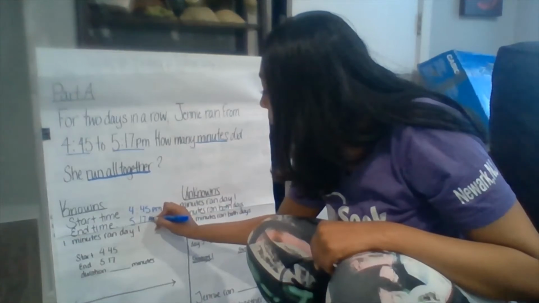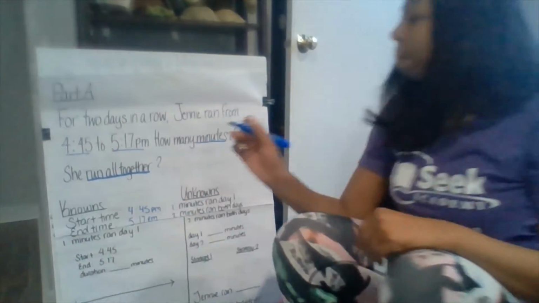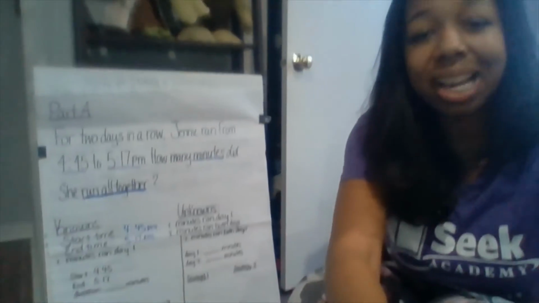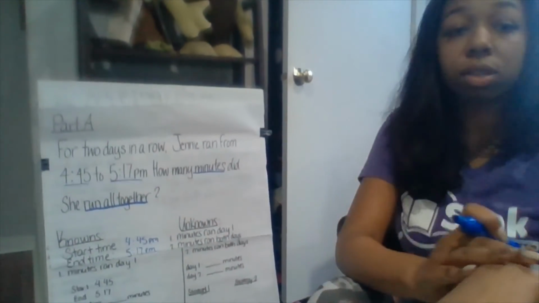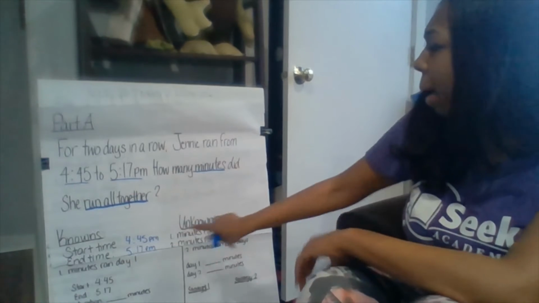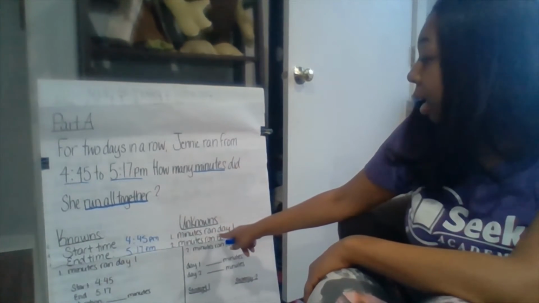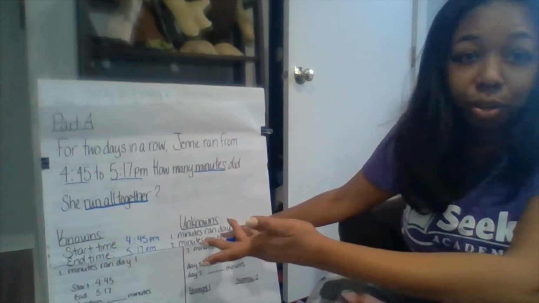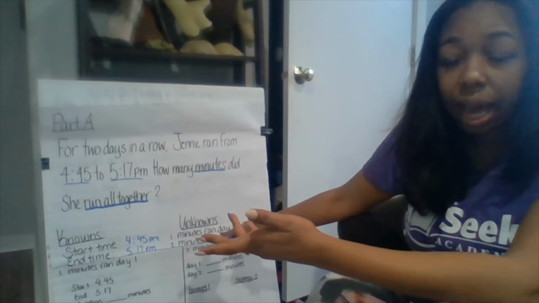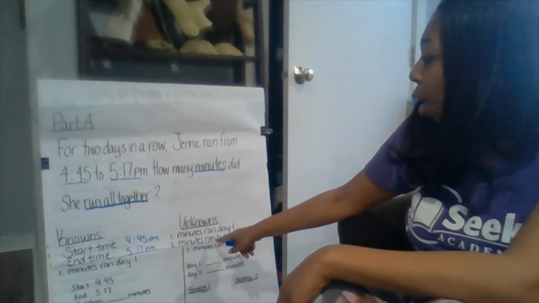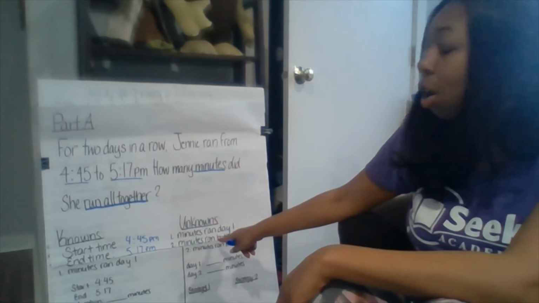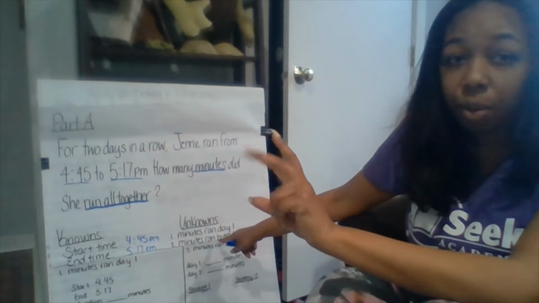I also need to think about my unknowns. What information is not given in the problem that I need to solve for? So for my unknowns, I have how many minutes that she ran day 1. We don't know this information. We haven't solved it yet. And we also don't know how many minutes she ran altogether, which was on day 1 and day 2.